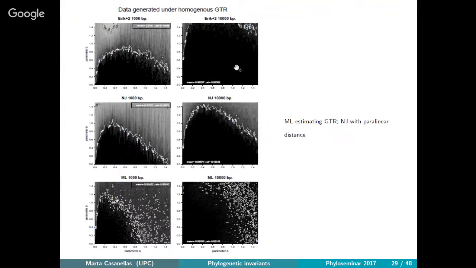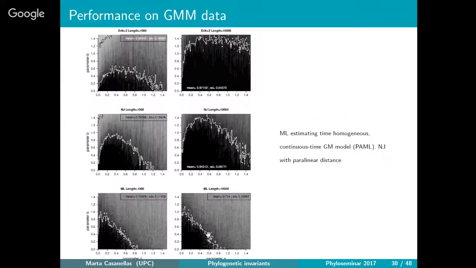But if there is not so much difference, why should we use this method, ERIC+2, instead of maximum likelihood, for example? The thing is that you can use data generated under this much more general model, the general Markov model. So here we simulate data under the general Markov model. Maximum likelihood estimates a continuous time model, not time reversible though.